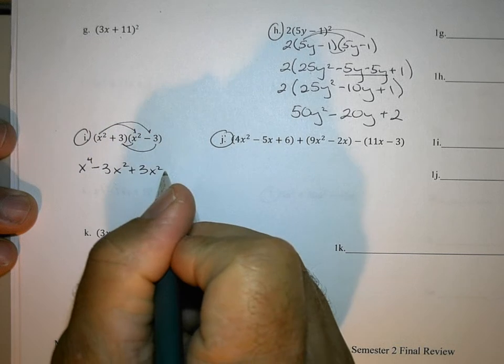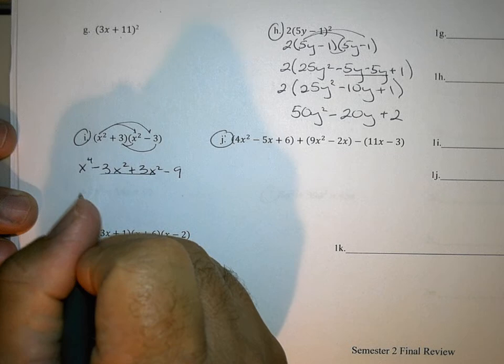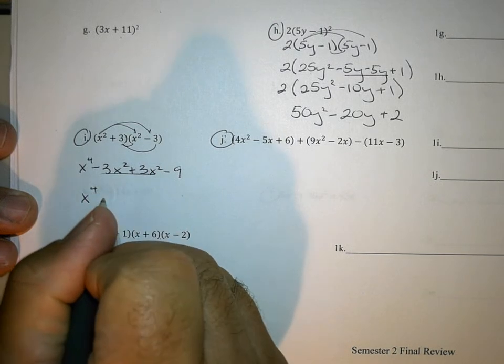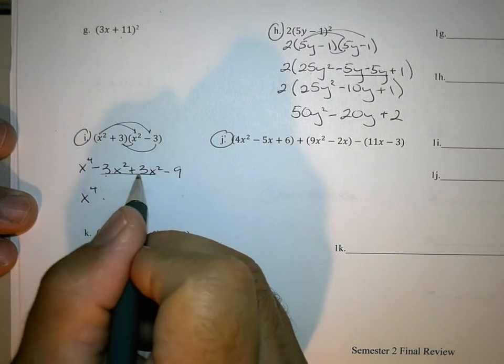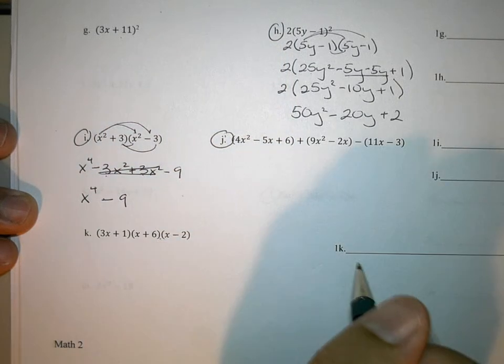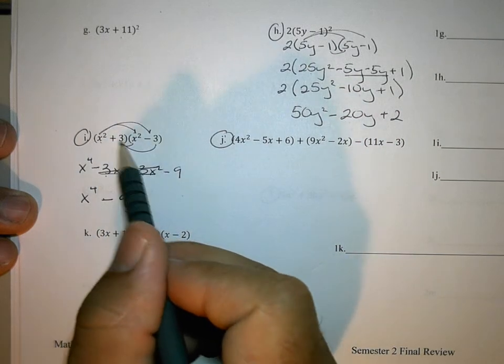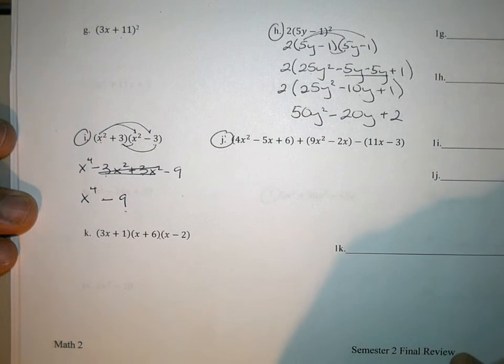And 3 times negative 3 is negative 9. Combining the middle two terms, x to the 4th, and then negative 3x squared plus positive 3x squared cancel each other out, and we just get minus 9. You'll notice that is the difference of two squares, x squared plus 3, x squared minus 3.